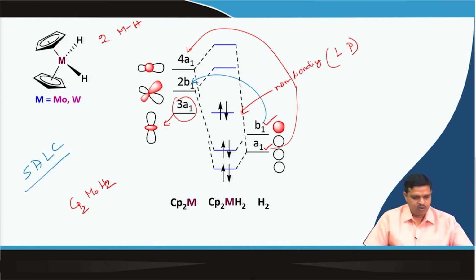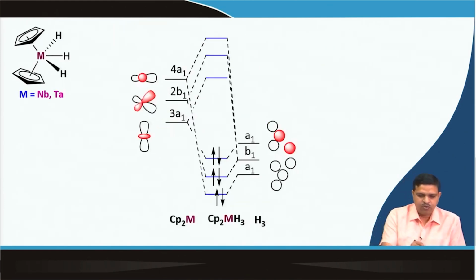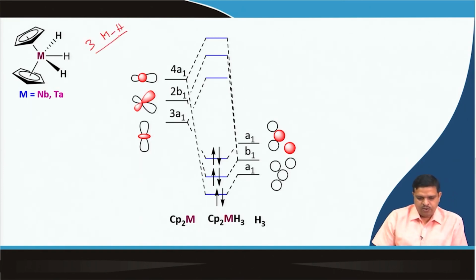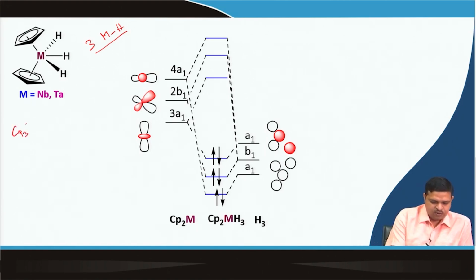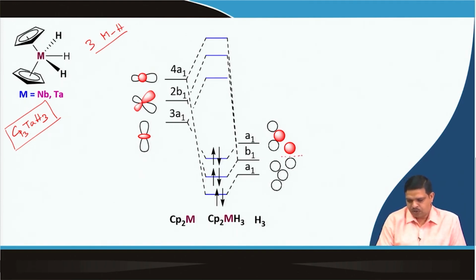Now, let us see what will happen in the next system, this one, Cp2 tantalum trihydride. Let us see what happens. Here there are three M-H. This is a very famous catalyst, which we will discuss in the next class, very famous for making deuterated aryl compounds. Here you will see that I have now three hydrogens.